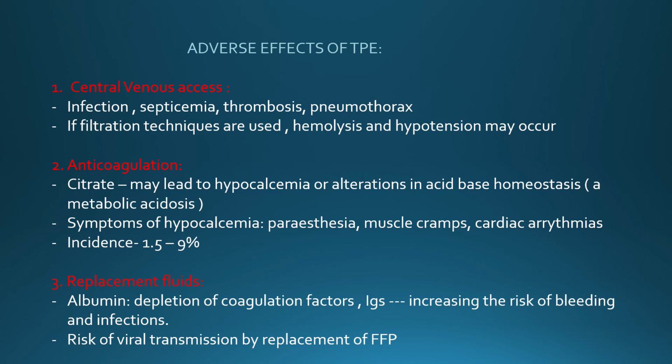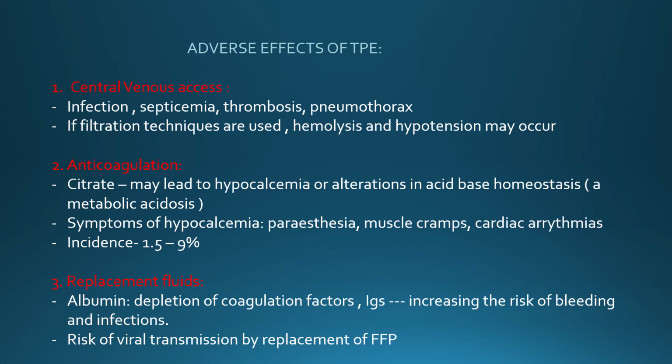Adverse effects of TPE. Central venous access will be required for this procedure, so it can relate with infection, septicemia, thrombosis. Sometimes if you are going with the subclavian central venous access, then it can lead to pneumothorax as well. If filtration techniques are used, then hemolysis or hypotension may occur.